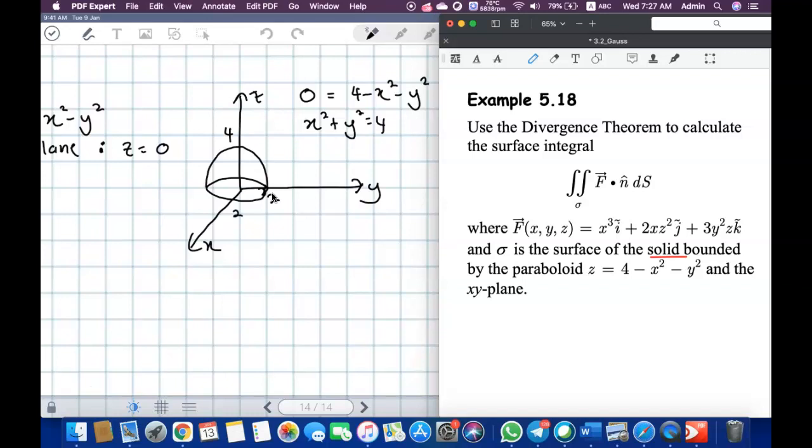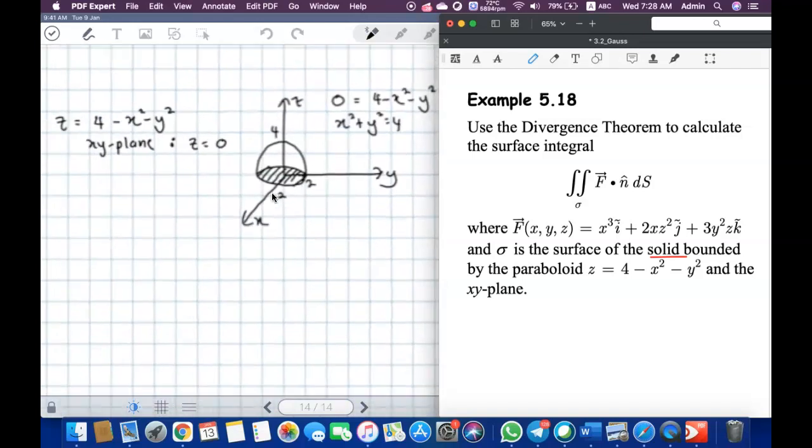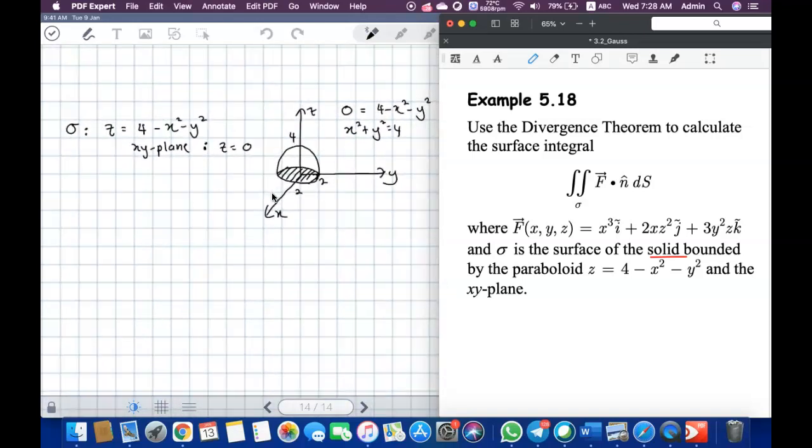Okay, so now you can see that we have a bowl which is concave down and covered by the xy plane. So how many surfaces do we have here? 2, right? The plane, and the curved bowl.